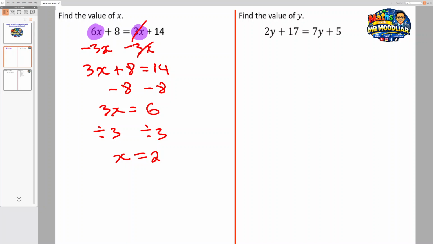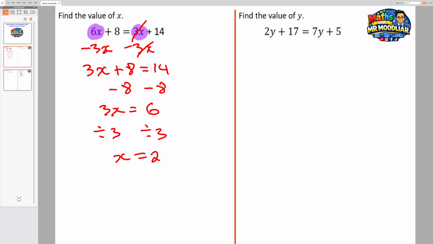Now, if we look at the second question, we have 2y plus 17 is equal to 7y plus 5. I know that looks a bit different from the first question. Don't worry, I'm here to help you out. Again, we need to identify the smallest value of x.